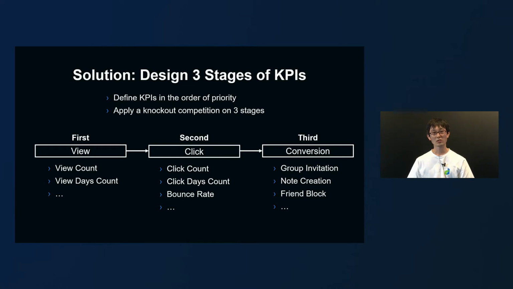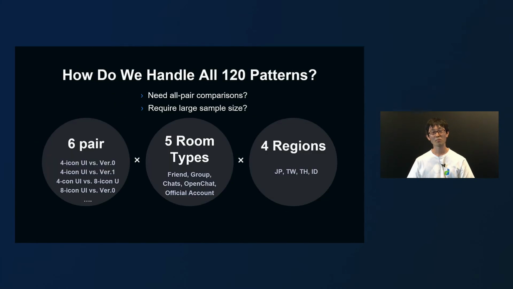Next, for the UIs that ended in a tie in the first stage, click counts within the chat menu and bounce rates were assessed. And if some UIs still resulted in a tie in the second stage, group invitation, node creation, and such conversion KPIs were assessed. We conducted A/B tests based on this idea.